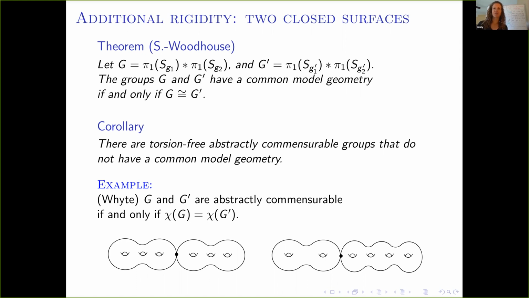So for example, the fundamental group of the free product of surface groups of genus 3 and the fundamental group of the wedge product of the surface of genus 2 with the surface of genus 4 are abstractly commensurable, but those groups cannot act on the same proper geodesic metric space because they're not isomorphic.